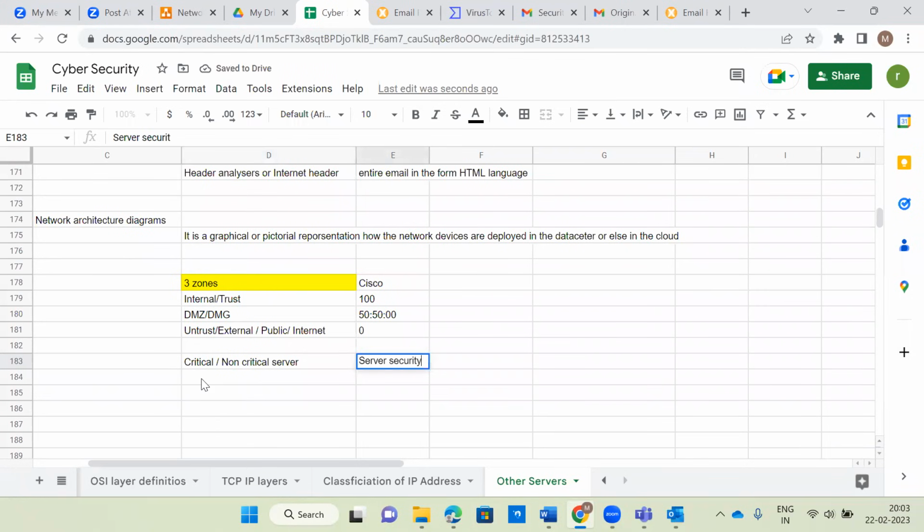That server security depends on several parameters. One of the features is vulnerability assessment. This is also called infra security, and also hardening. Hardening means a couple of configurations we have to enable, which we can discuss later as part of vulnerability assessment.